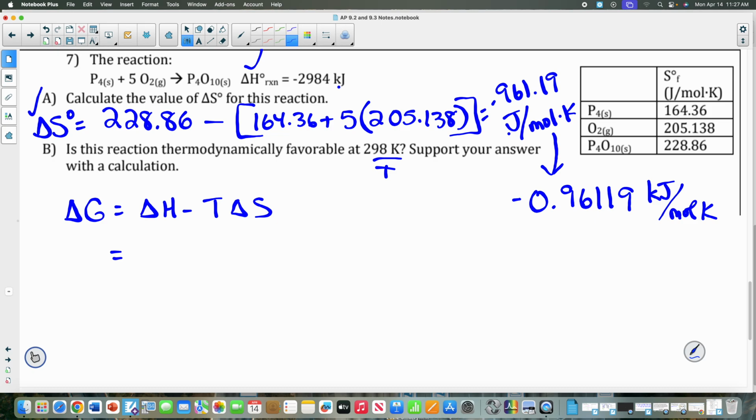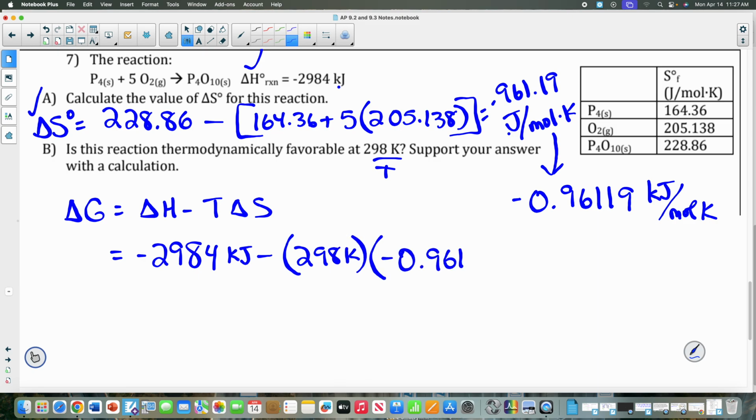So my delta H is negative 2984 kilojoules minus 298K times negative 0.96119.